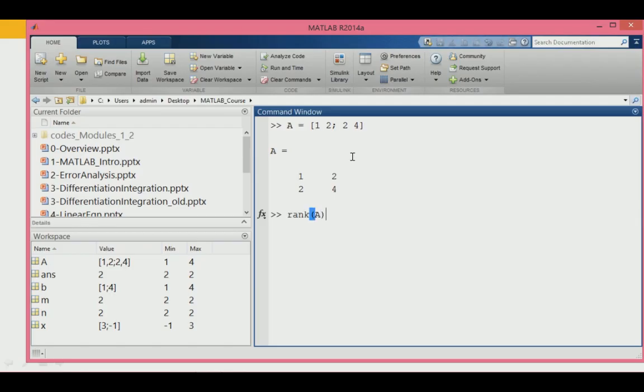Let us get the rank of A, and rank of A is equal to 1. And therefore, Ax equal to b will not have a unique solution. It can either have an infinite number of solutions or 0 solutions, and to determine that we need to find the rank of matrix A comma b.